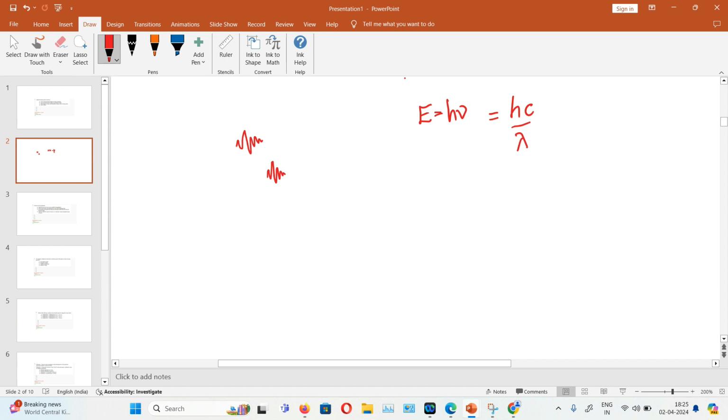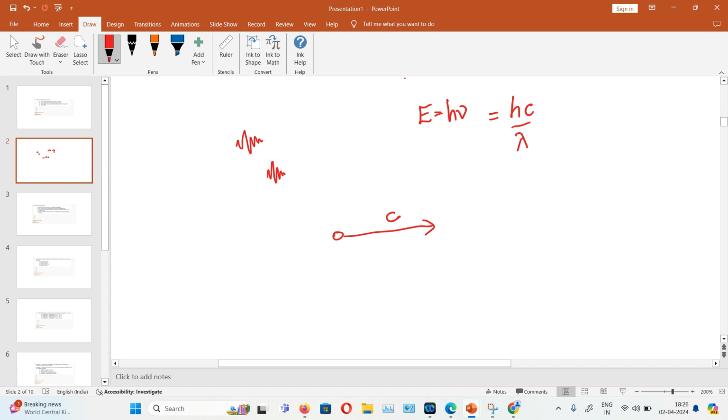So in the case of photons, in vacuum or in air, a photon will travel with the velocity c. Considering there is no medium here, or air, you can consider that the photon is traveling at the speed c, the velocity of light.